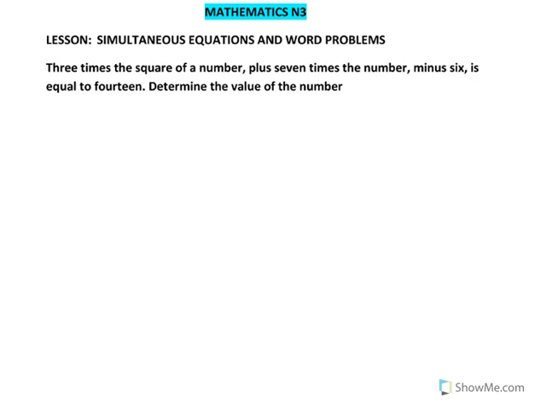It says 3 times the square of a number plus 7 times the number minus 6 is equal to 14. Determine the value of the number. So let the number be what?